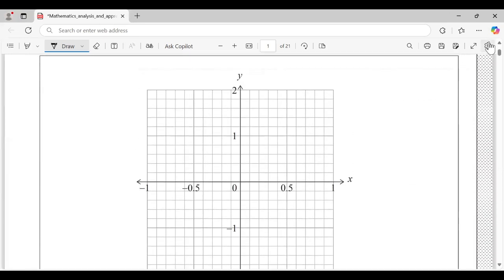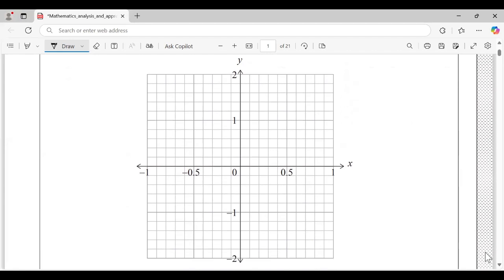Okay, so we need to find first the intersection on x-axis and y-axis. Intersections on x-axis are 0.9, 0 and minus 0.9, 0.